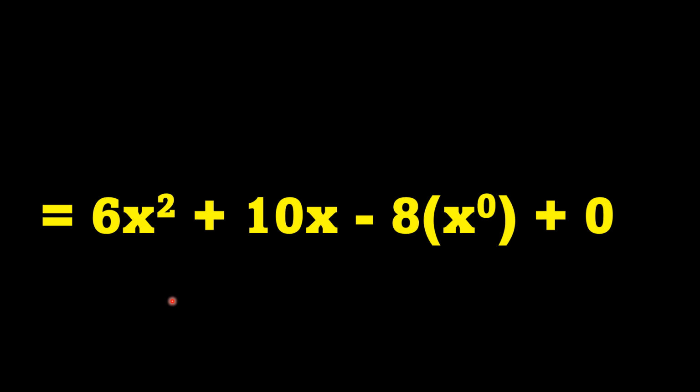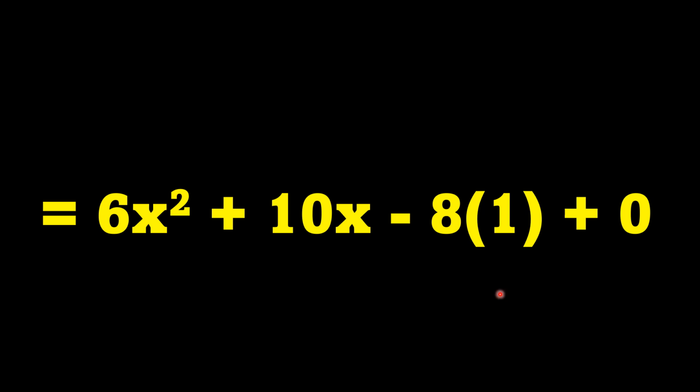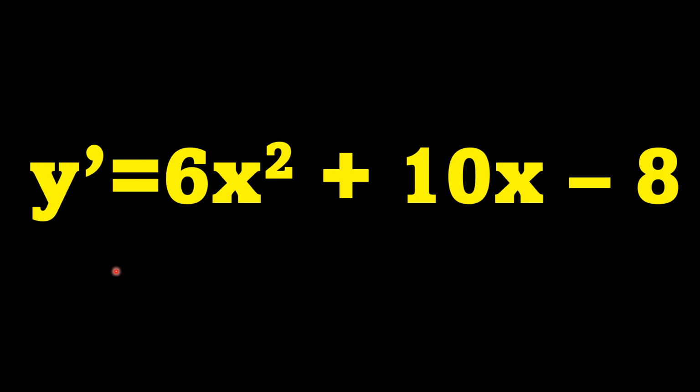And then we have here 6x squared plus 10x minus 8. The value of this is 1, so it becomes minus 8. That's 8 times 1. I showed it anyway. And then, as a final answer, we have here 6x squared plus 10x minus 8. I hope we have the same answer.